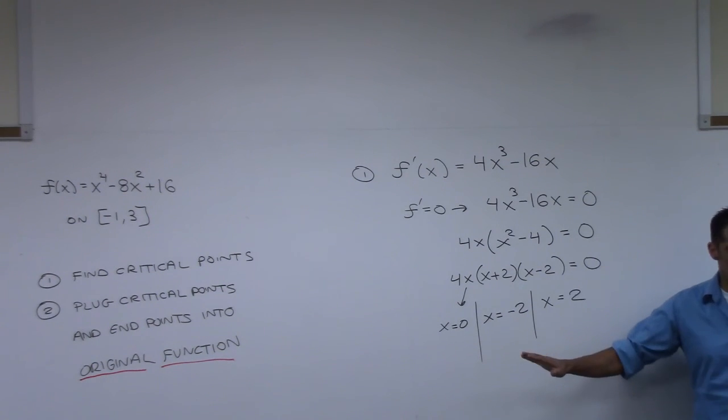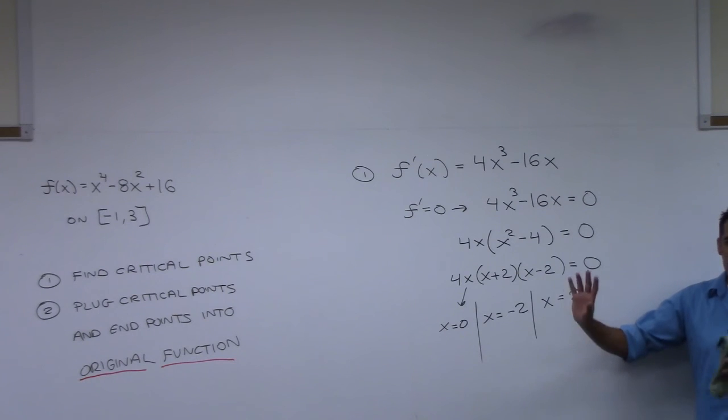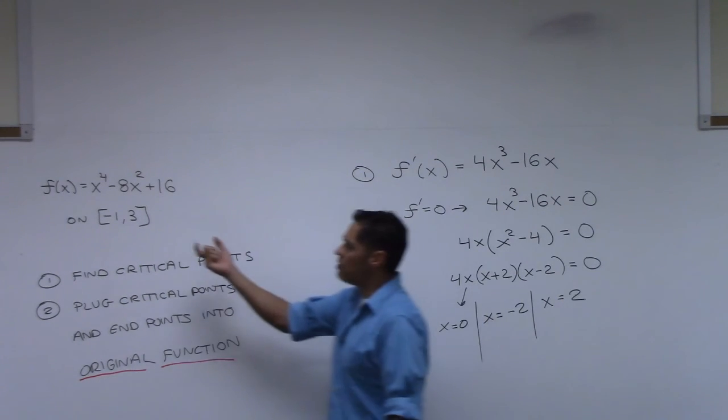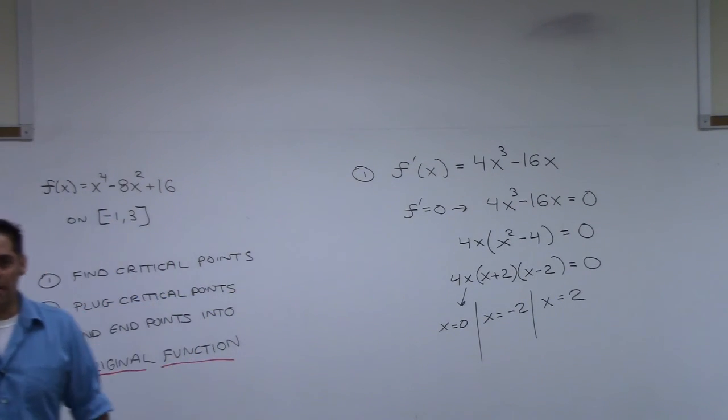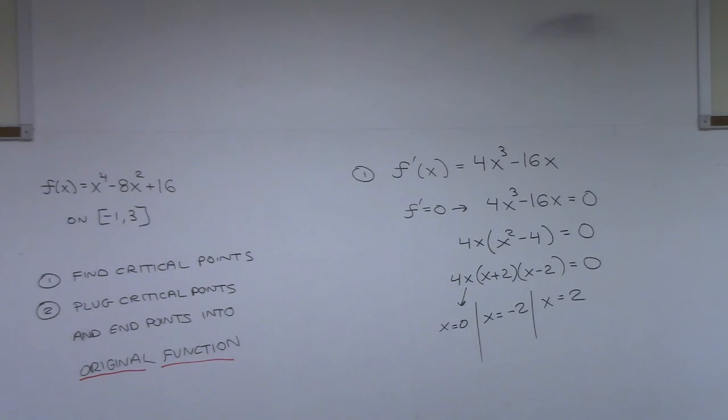We don't need a number line this time. Not with this method. If we have a function on a closed interval, we do not have to use that method. The next step, after we find the critical points, is to plug those critical points and the endpoints into the original function. So I'm going to plug in 0, -2, 2, -1, and 3. That's 5 things to plug in.